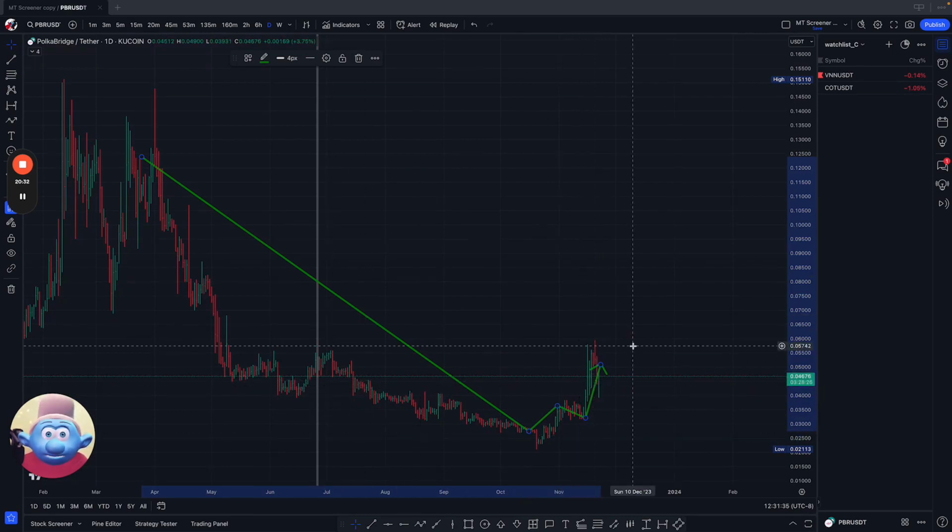So this is the difference between Watchlist D and Watchlist C. There's a better bullish associated price structure than Watchlist D.